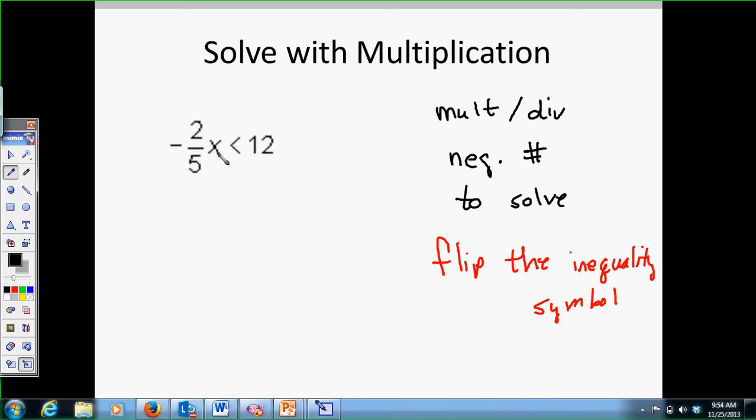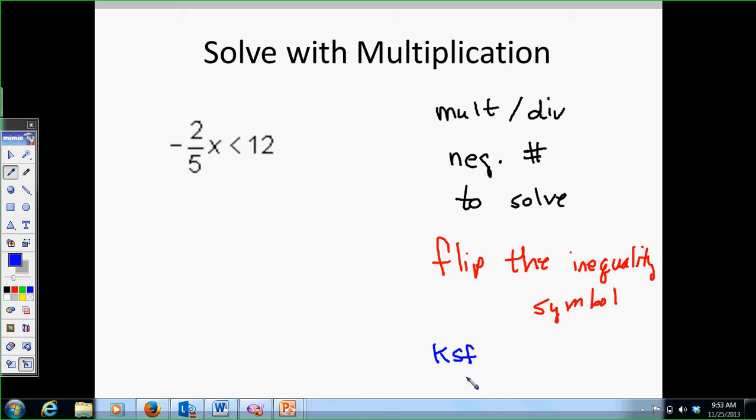Now, there's two ways of solving this. I could solve by division because the negative 2 over 5 is being multiplied by x. But I can also solve with multiplication, and basically you're doing the same thing because when you divide fractions, the rules say that it's keep, switch, flip.